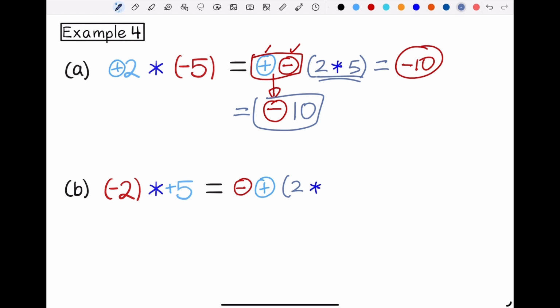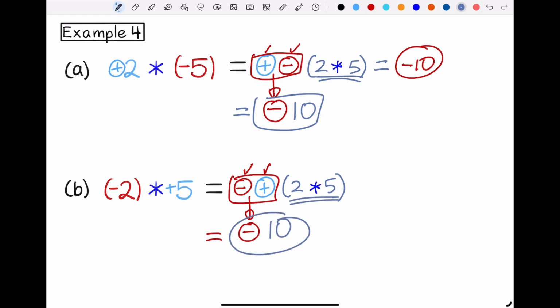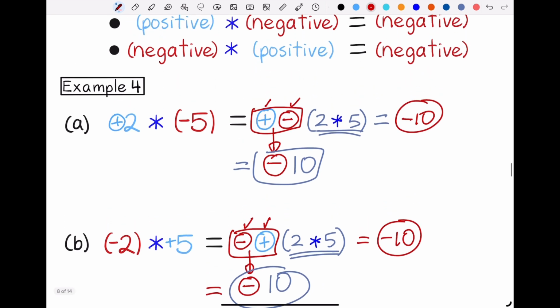So 2 times 5. And let's do the signs. We have a negative times a positive. They're different signs, so our answer is going to be negative. And we know that 2 times 5 equals 10. So putting this all together, our final answer is negative 10. Another negative answer.